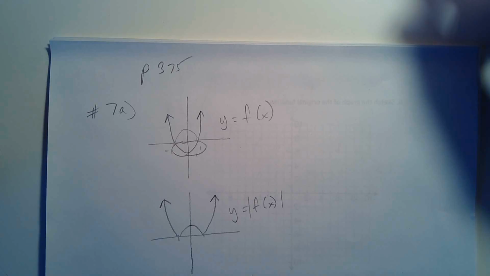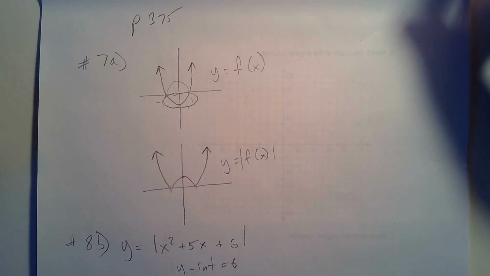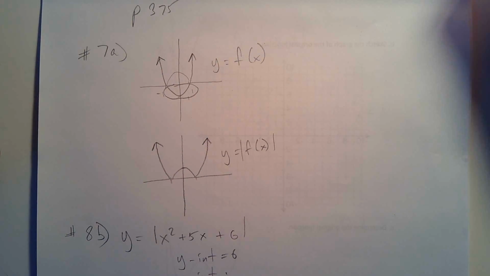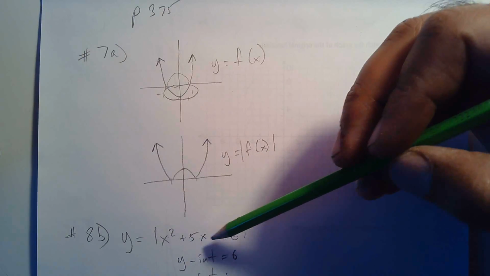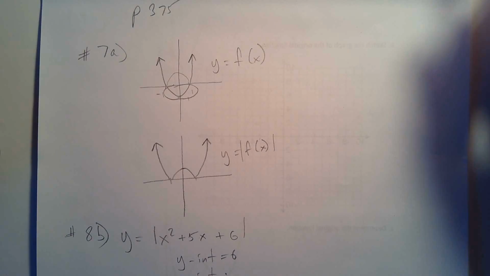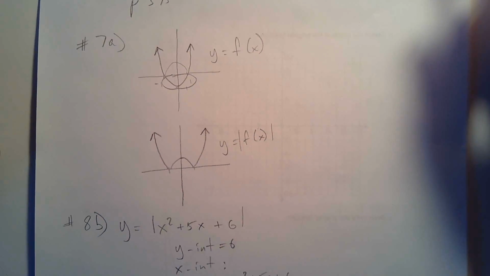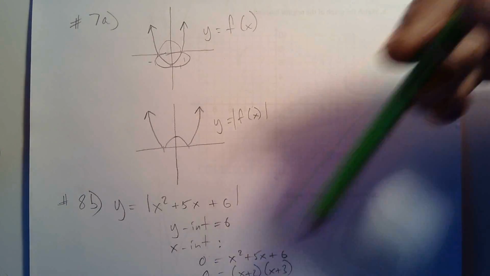Okay, another one I got was this one here. So what you want to do, the y-intercept you can get right off the bat. You just make x equal to 0, so that's 0, that's 0, so you just get 6 as a y-intercept. And then for the x-intercept, you're going to have to factor that, because you have to set y equal to 0.